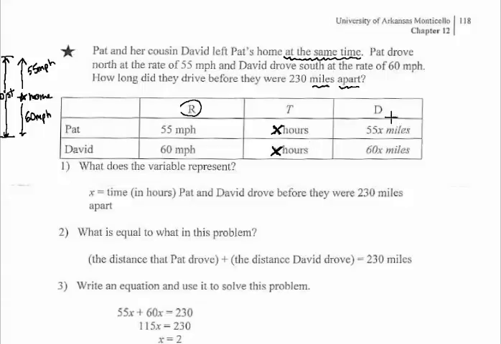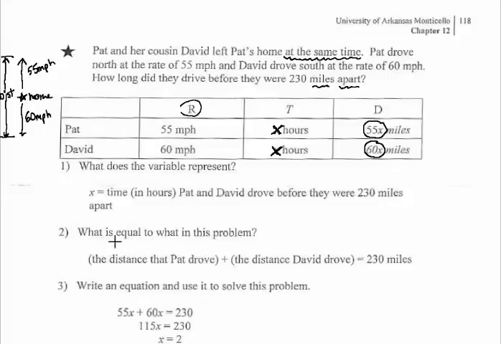And you see here that for the distance column, the third one, we just simply multiplied the first two together, 55 times X, and here you see 55X, and then for the next row we have 60X. Okay, so here we define, just write out in words what X represents. It's the time that they drove before they were 230 miles apart.